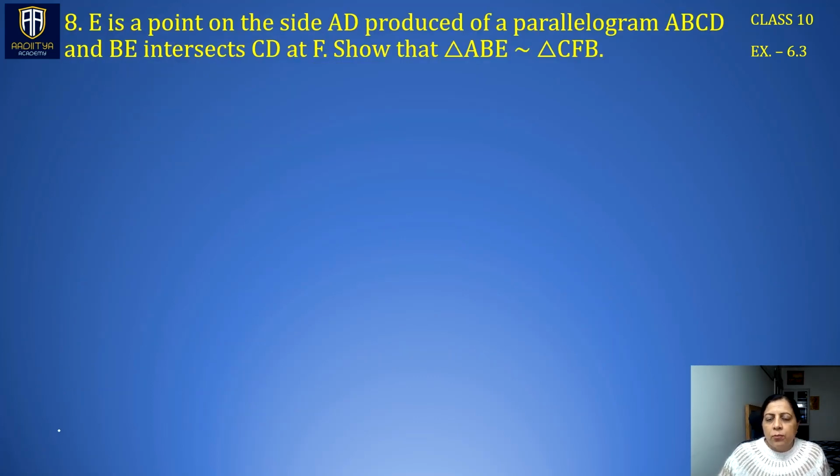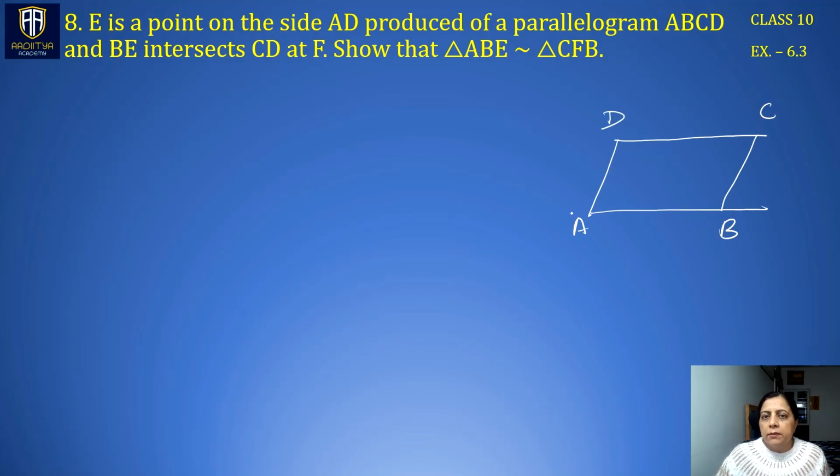Next is: E is a point on the side AD produced of a parallelogram ABCD. So we have to make a parallelogram ABCD. A, B, C, D. BE intersects CD at F. So AD produced of parallelogram ABCD, we have to produce this. E is a point, right? And it is this.